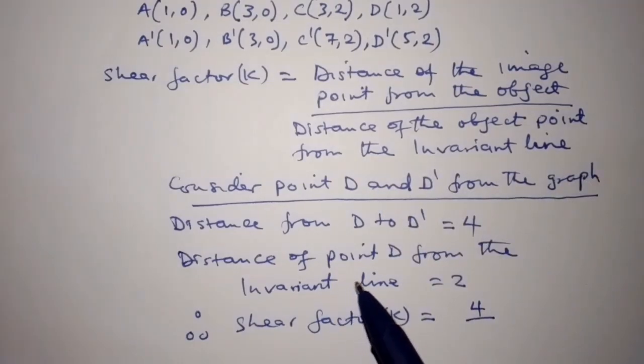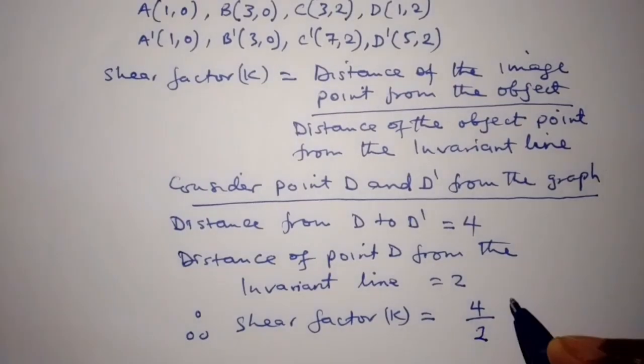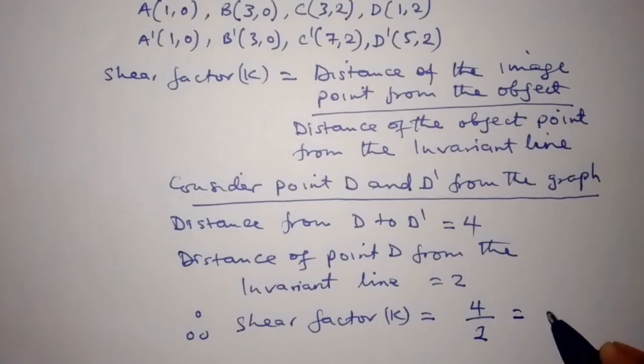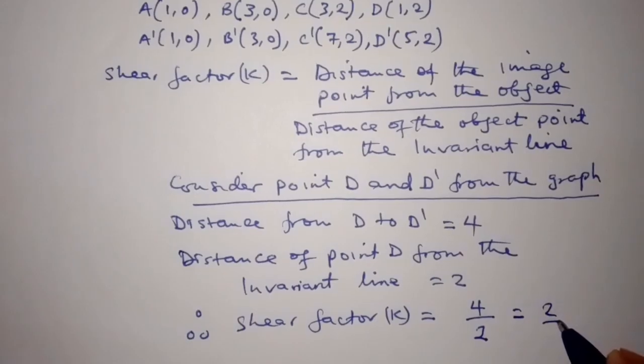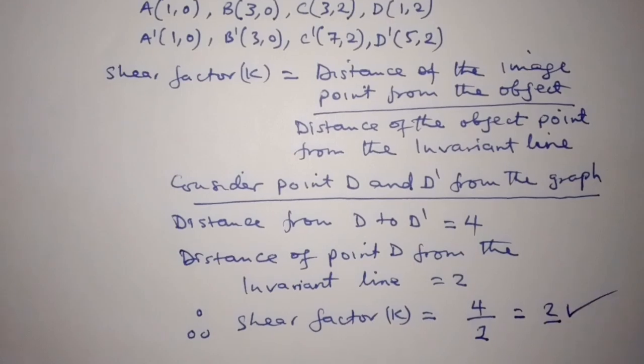The distance of point D from the invariant line is 2. So it is 4 over 2, which gives us 2. Therefore, the shear factor K is 2.